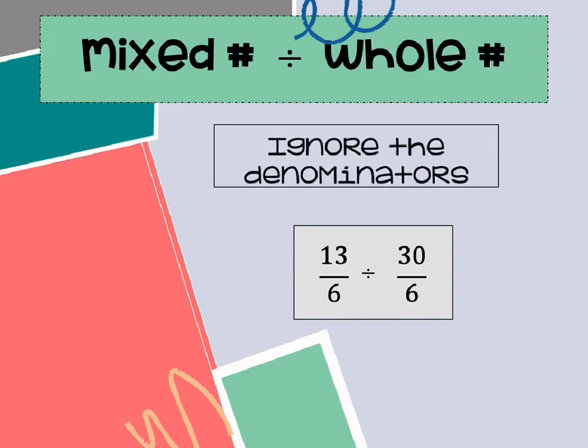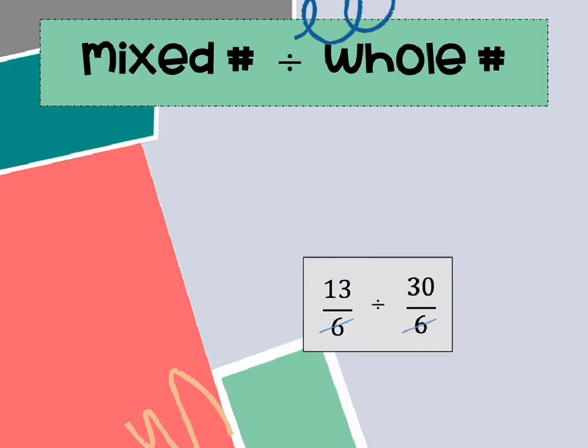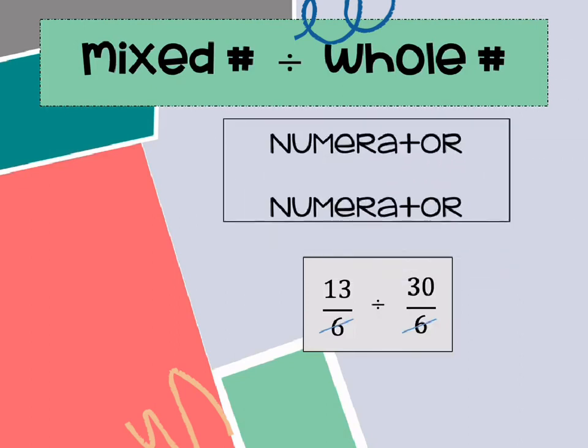And we already said we're going to ignore our denominators. Ignore that 6 in both your denominators. And then what are we going to do? We are going to now focus on our numerators. You're going to divide both your numerators. And remember, we read it from left to right, just like how you read a book.